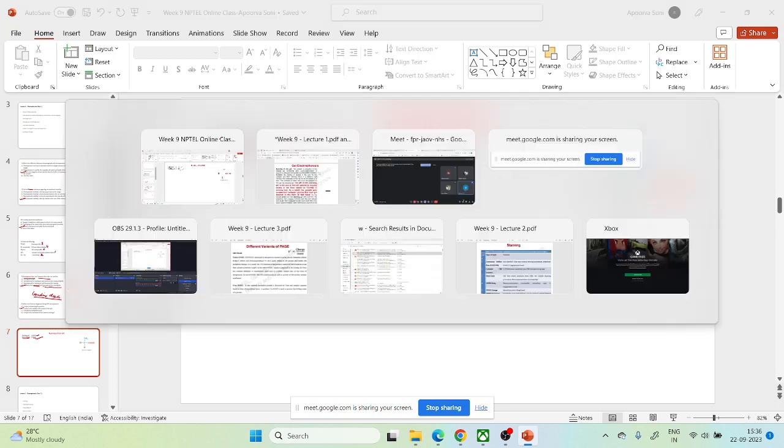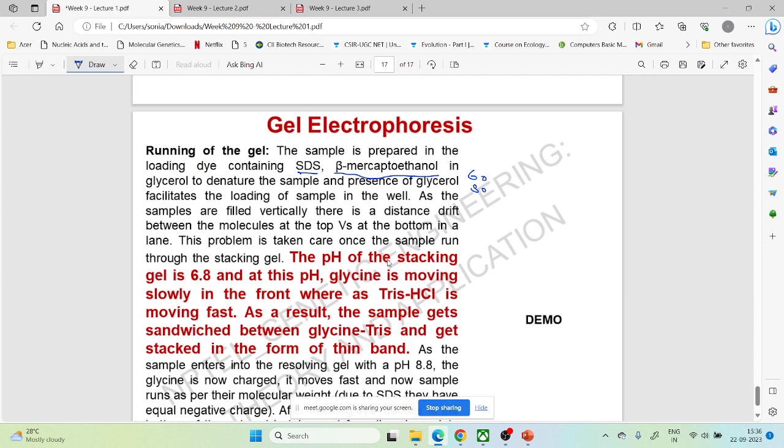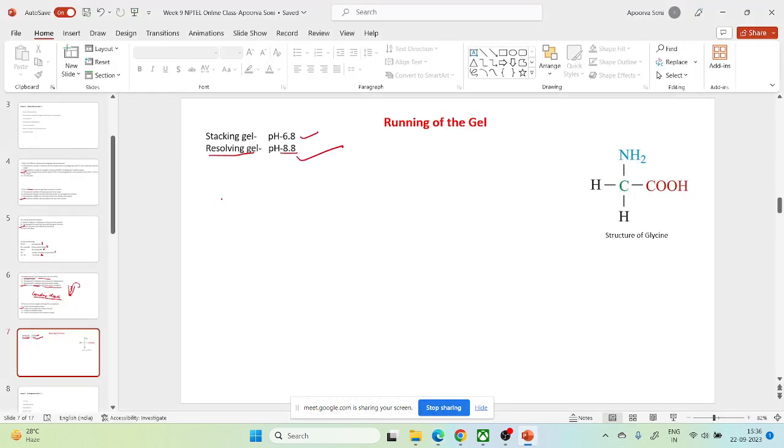So what happens here is that when your sample is in the stacking gel, I'll just read it and then I'll explain. Glycine is moving slowly in the front, whereas Tris HCl is moving fast. As a result, the sample gets sandwiched between glycine and Tris and gets stacked in the form of a thin band.